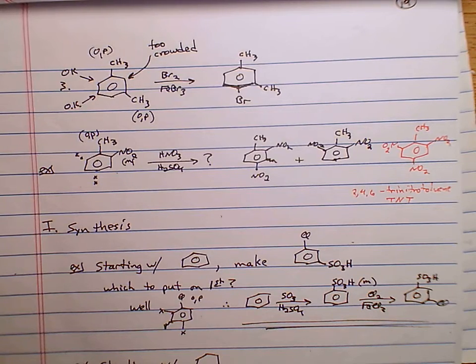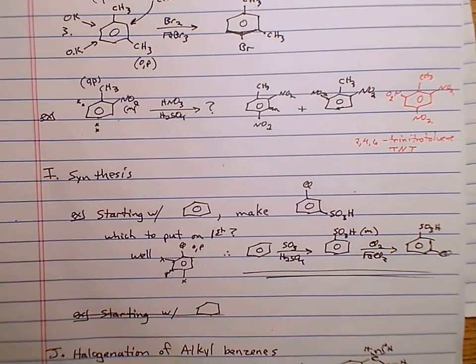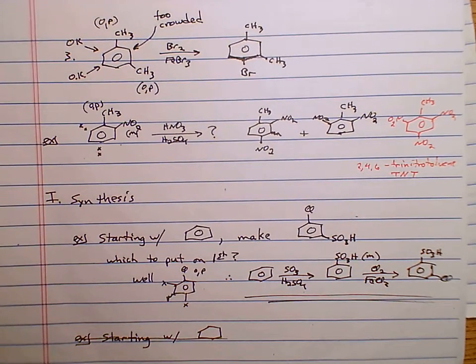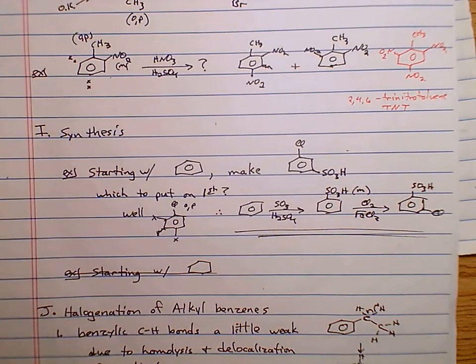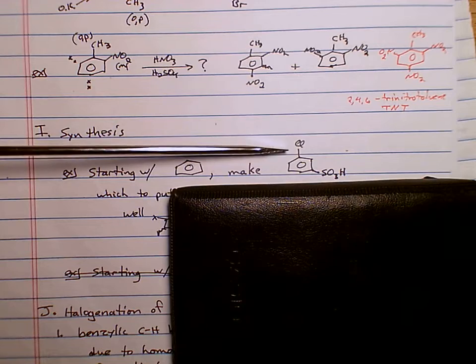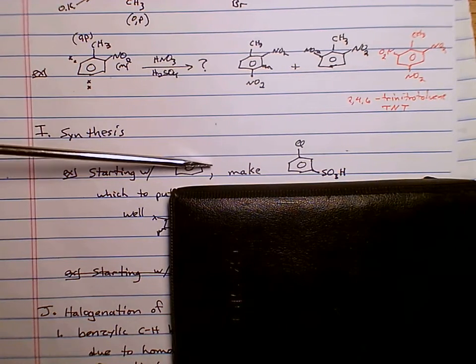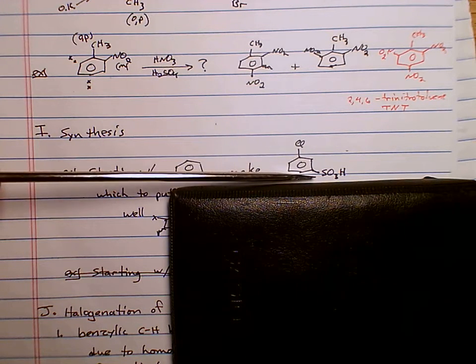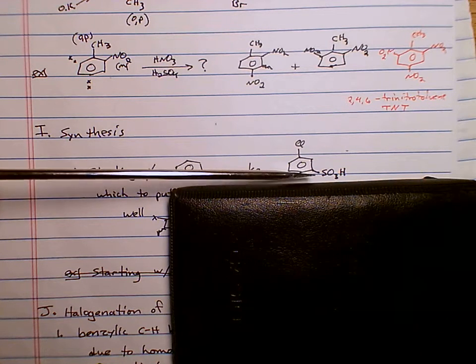All right, so let's look at some synthesis now. Starting with benzene, how would you make this molecule right here if you had to start with benzene? Well, we know 2 reactions. We know how to put a chlorine on, Cl2 FeCl3. We know how to put the sulfonyl group on, SO3 and H2SO4.